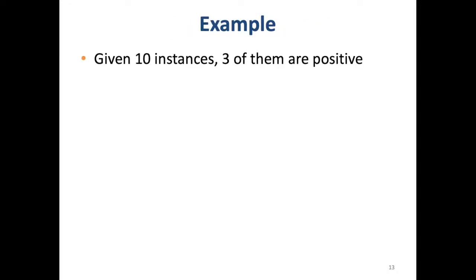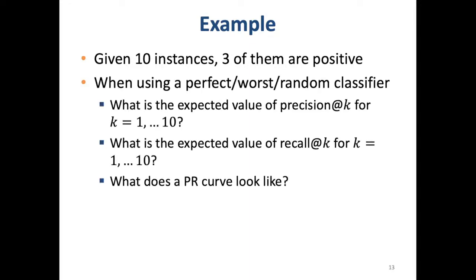So let's look at some example. If I give you 10 instances and 3 of them are indeed positive and 7 of them are negative, then let's think about what's the best classifier, what's the worst classifier, and what's just random guess. So let's think about a perfect classifier. What's a perfect classifier?